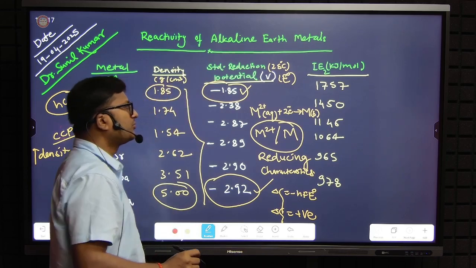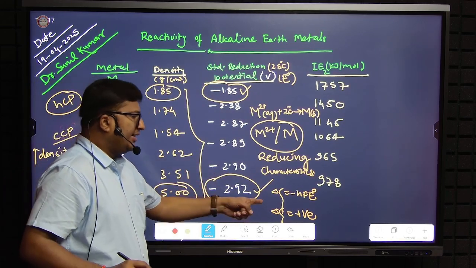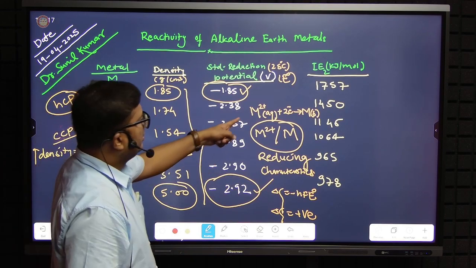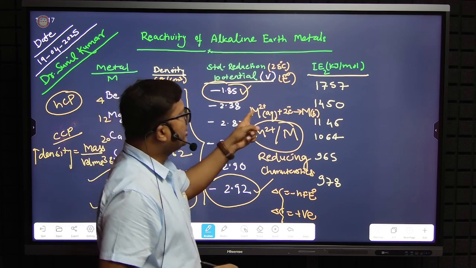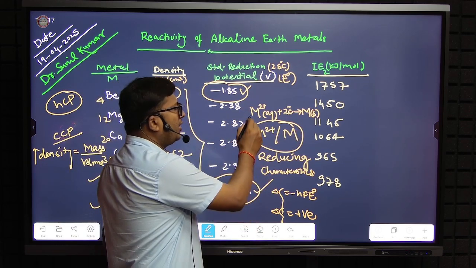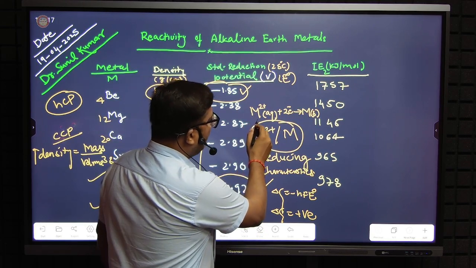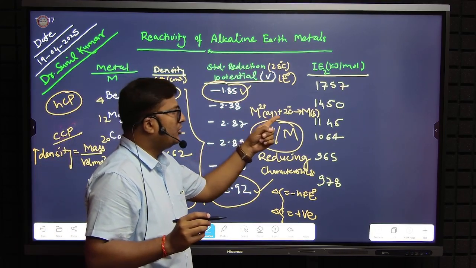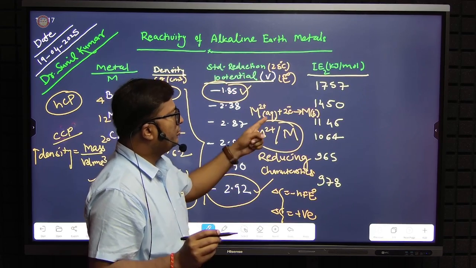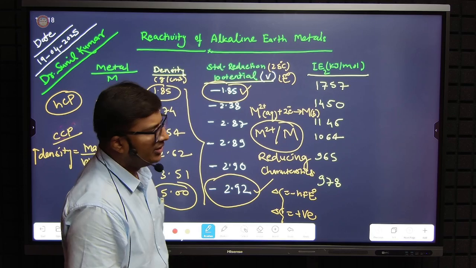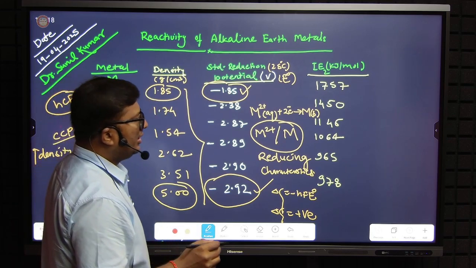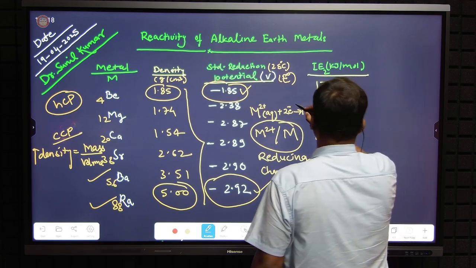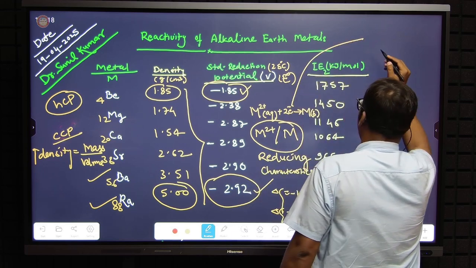It means delta G is positive, confirming that such reduction reactions, where M in bivalent form, won't be able to accept 2 electrons to be converted into metallic solid. Rather, the reverse reaction is much more feasible. So what is the reverse reaction actually?